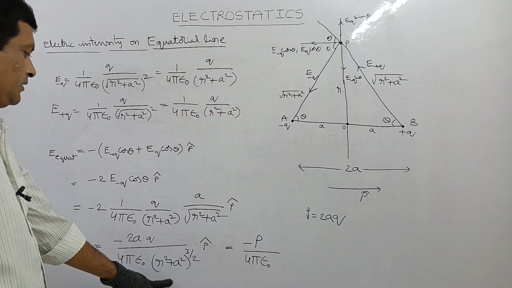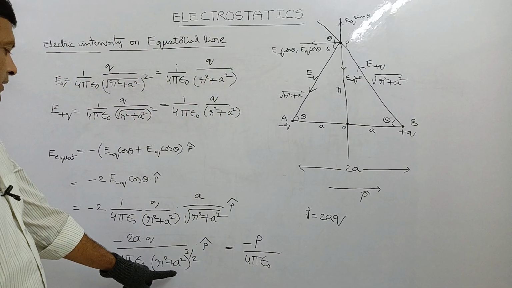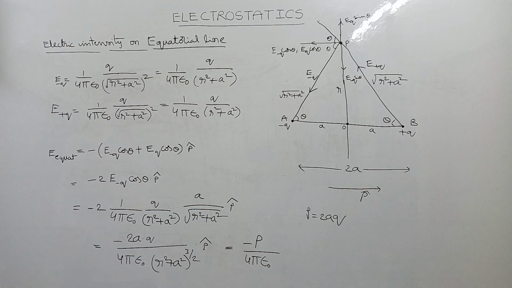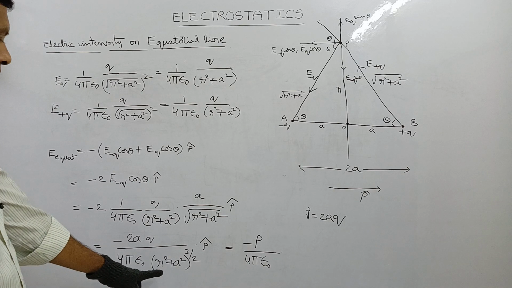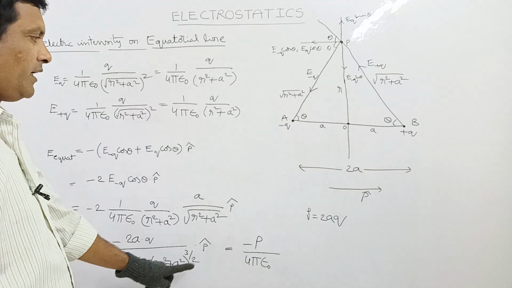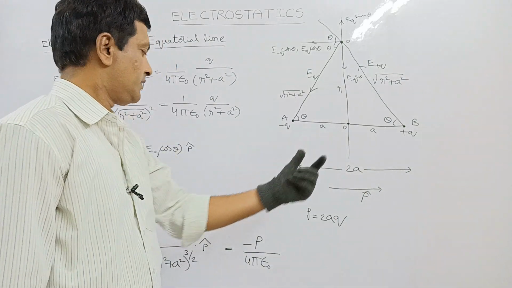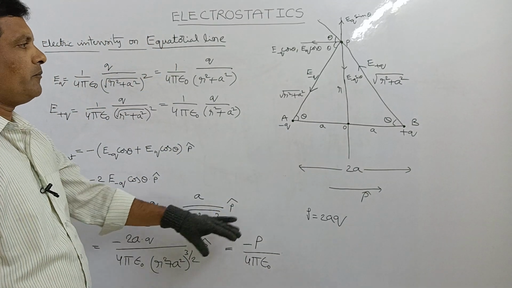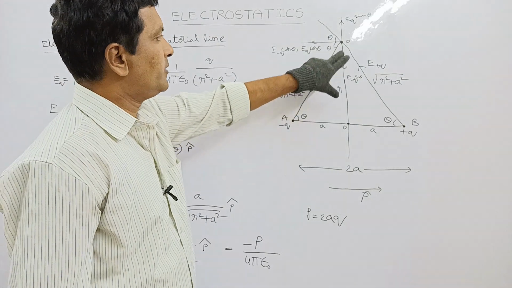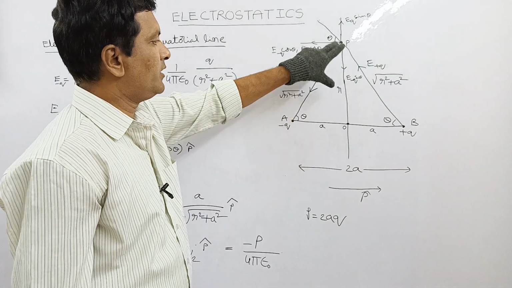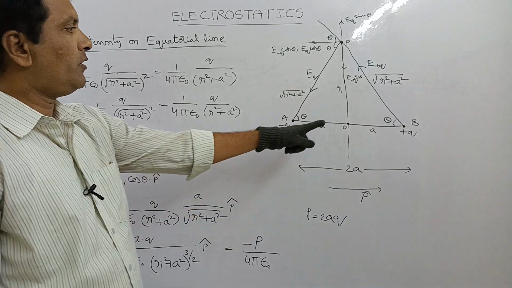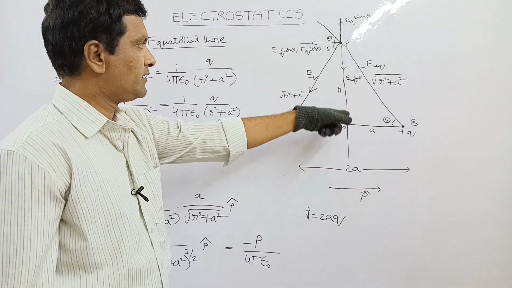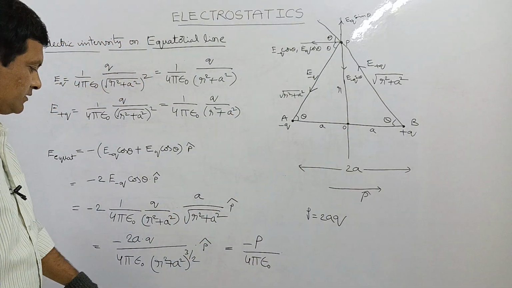Here, see, R square plus A square. If the distance A is so small compared to the distance between the point and the center of the dipole, that means the distance of the point on the equatorial line from the center of the dipole R is very large.